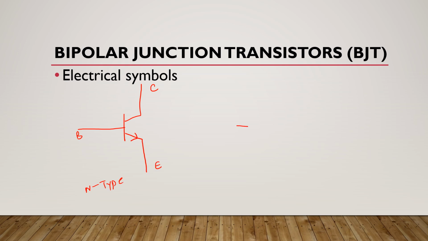Now look at this. This is the symbol of P-type BJT. Now this arrow is here in this type, and this terminal is emitter, this terminal is base, and this terminal is collector.